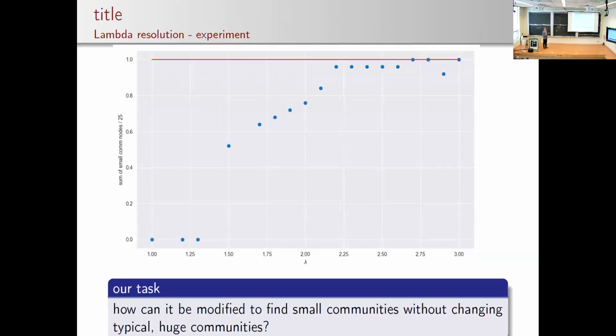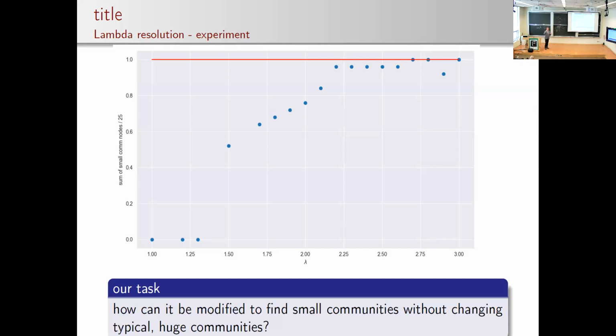Okay, so our next step is asking how we can modify this modularity function to really separate outliers, which means separating small communities and edges that can be constructed with small communities, with a resolution that does not touch good communities and nodes in the good communities.